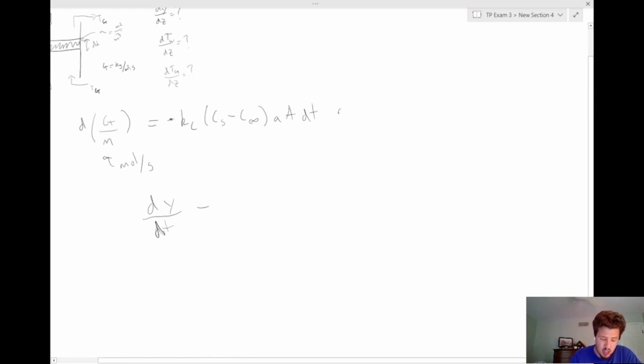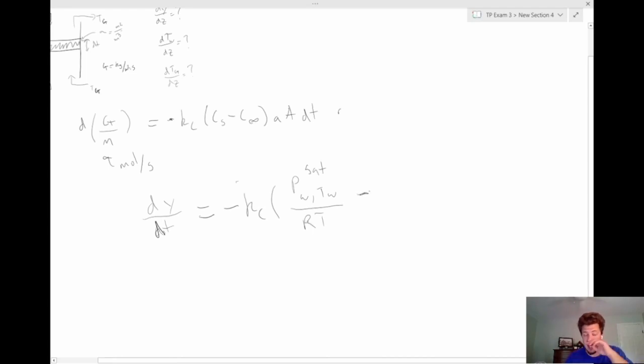Now we change the concentrations to partial pressures. So the partial pressure at the surface will be the partial pressure of water saturated by the liquid at temperature TW, over the gas constant times the temperature.